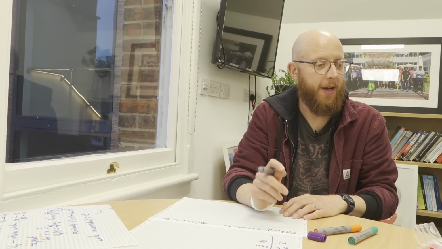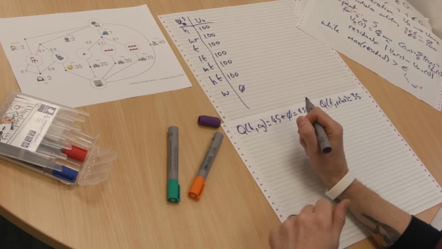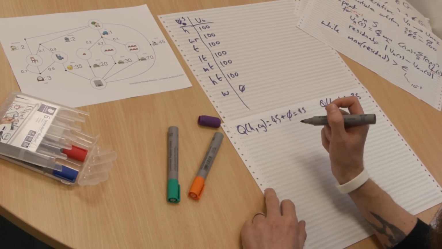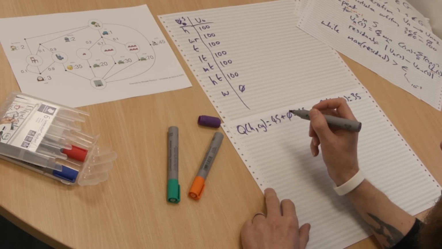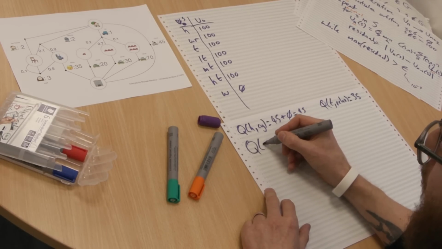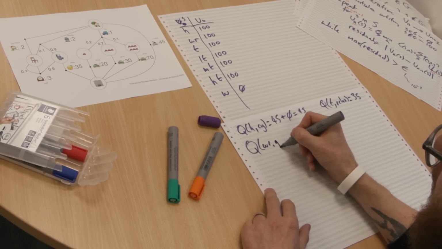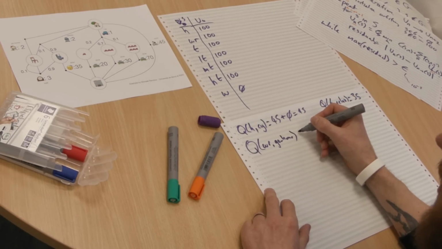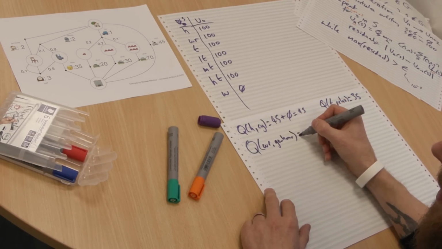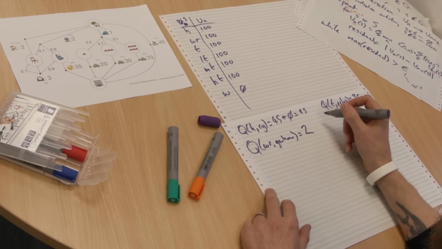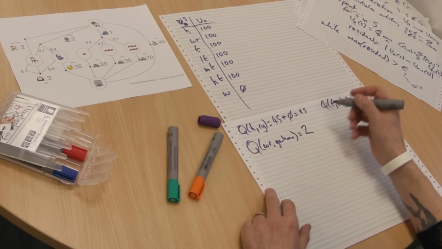So the waiting room, I have 2 options. I can either choose to wait, or I can choose to go home. So let's look at the go home action. If I say the Q of being in the waiting room and choosing the go home action, well, go home costs me 2 to execute, and then I've got one outcome state, which is being at home.